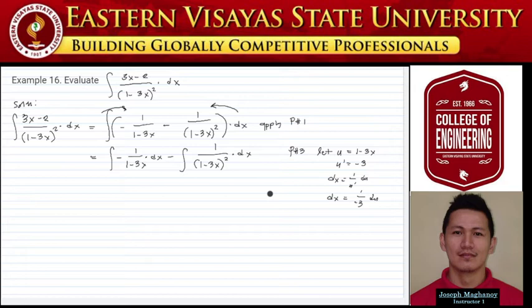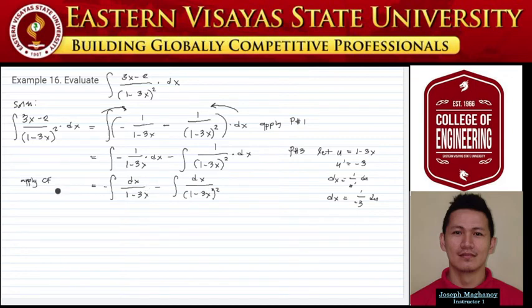Okay, so if we apply our correction factor in both terms, in both functions, we let our negative sign outside, so we can write it dx over 1 minus 3x minus dx over quantity 1 minus 3x squared.